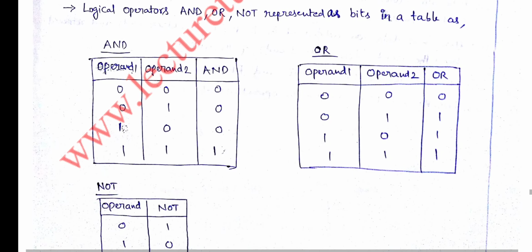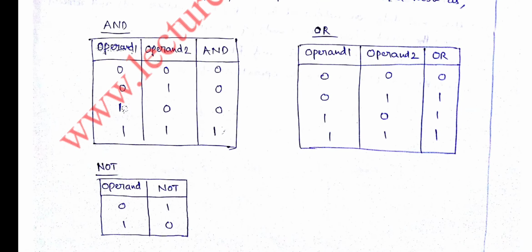First one, the table. These are the basics of basics for electronic students. Operand 1, operand 2. First 0 0 gives you 0, and 0 1 also 0, 1 0 also 0, 1 1 gives 1.